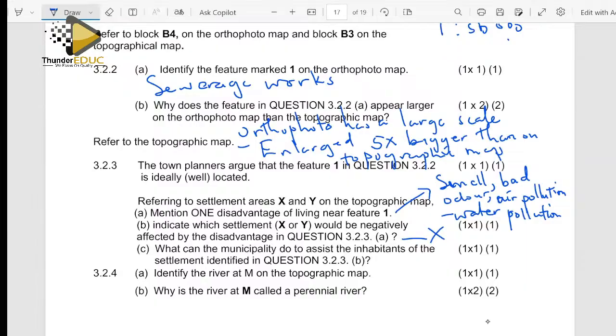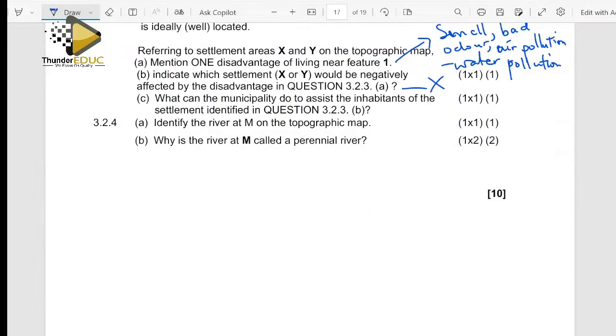What can the municipality do to assist the inhabitants of the settlement identified in the previous question? We have seen that those people are likely to face the problems of air pollution and likely water pollution. So what can be done to try and assist those people? I'll indicate the response for C here. What can be done then?